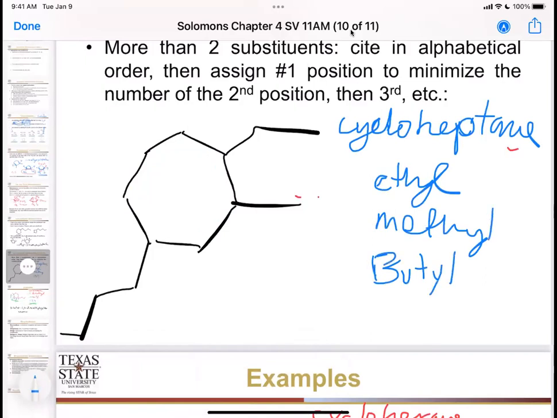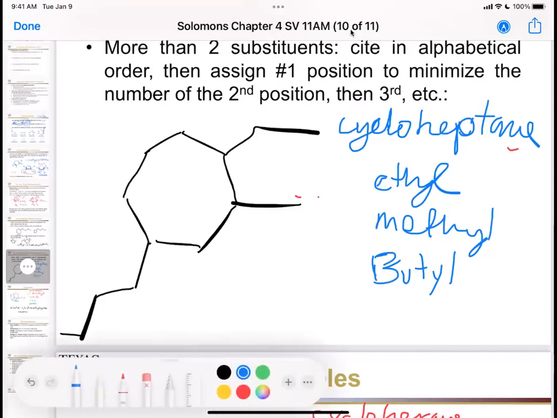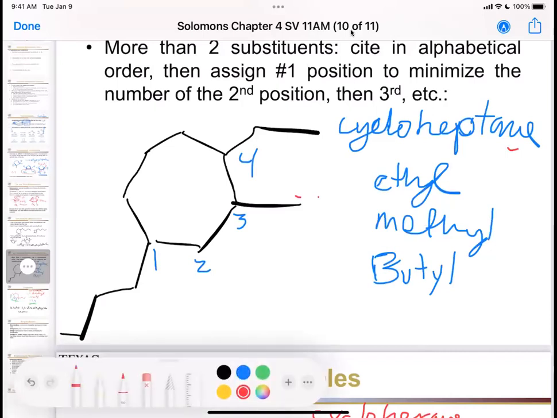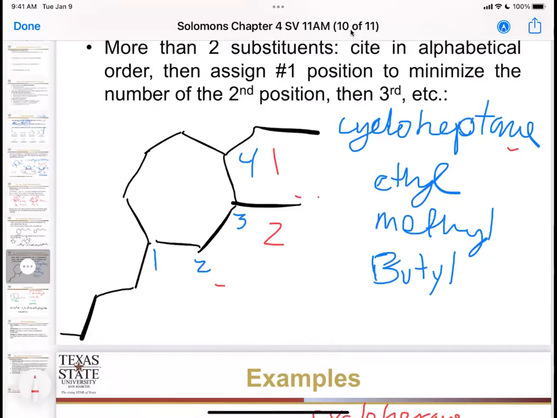Okay, so how do we assign these? Butyl's lowest, ethyl's second, methyl's first, but we have to number first. So we're going to number from the lowest first, 1, 2, 3, and 4. Or we could do it 1, 2, 3, and 4. Okay, is that first set of numbers closest to the carbons the right way to number it?